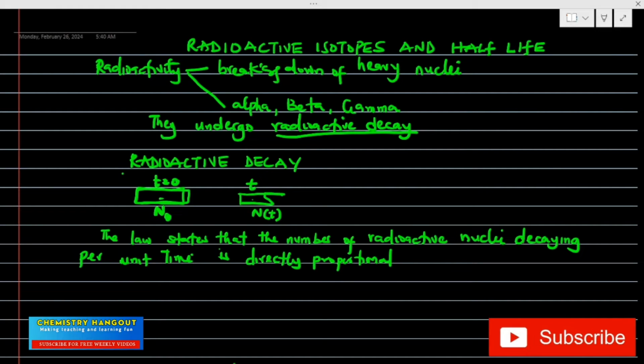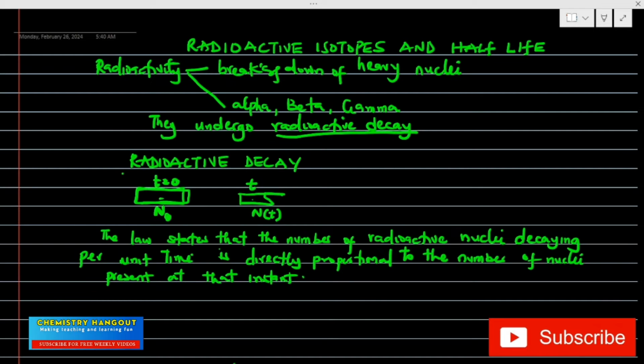That's why I say you need to take your time to listen to this video, pay maximum attention so that you will understand what I'm trying to say here. It is directly proportional to the number of nuclei present at that instant.